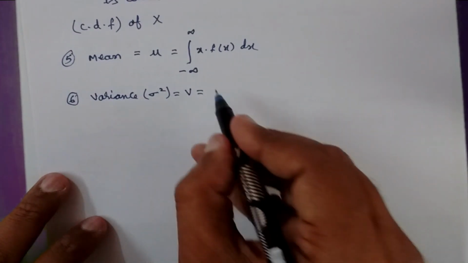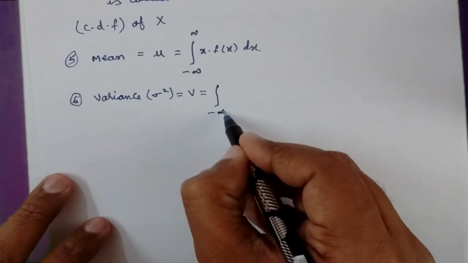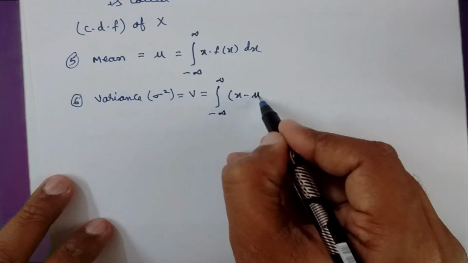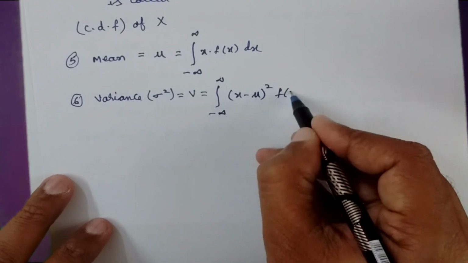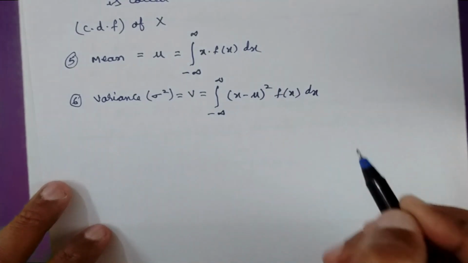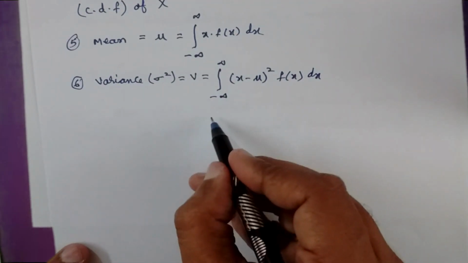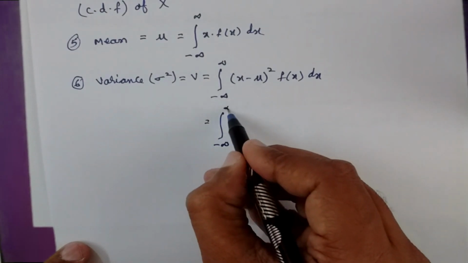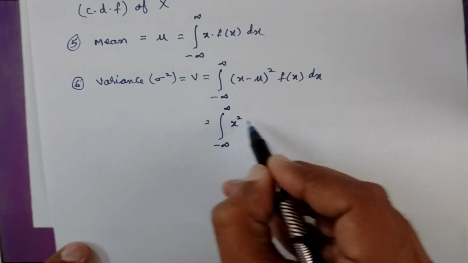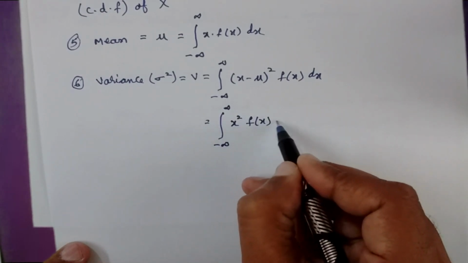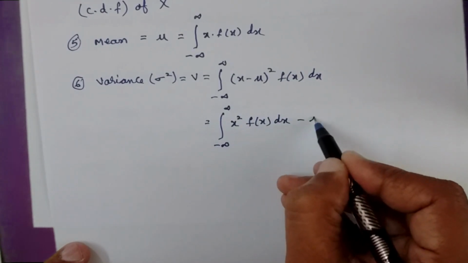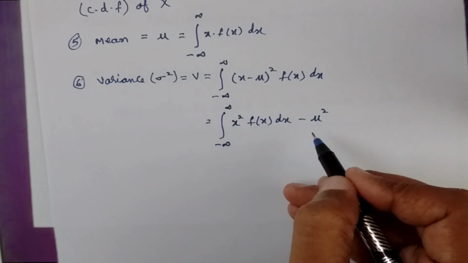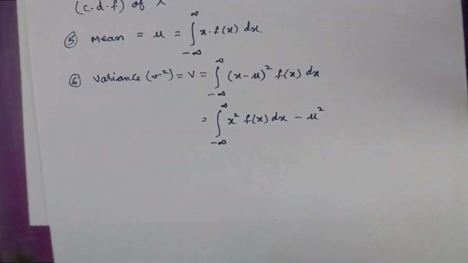The variance v will be equal to the integral from minus infinity to plus infinity of (x minus mu) whole square into f of x into dx. It is one formula. You can write down the variance in another way also. It is the integral from minus infinity to plus infinity of x square f of x into dx minus mu square. Mu represents the mean. So these are the basic formulas that we have.